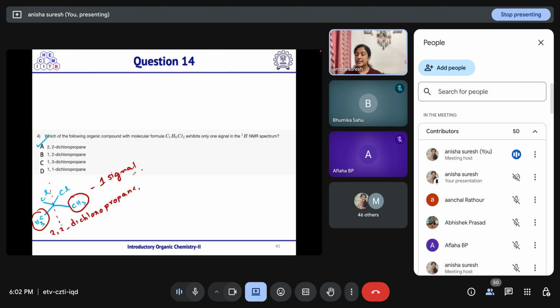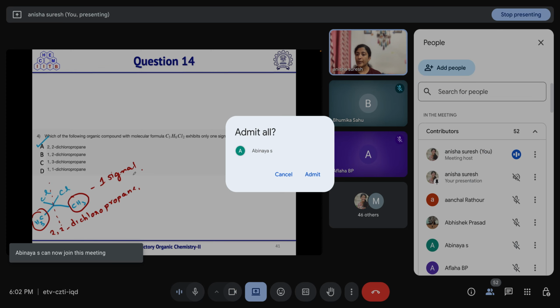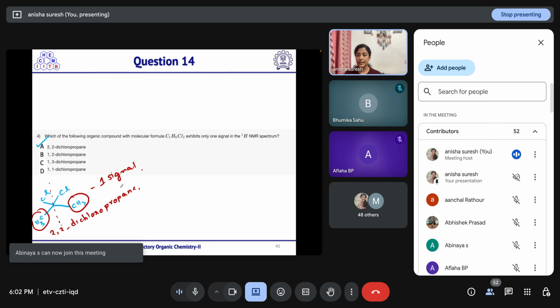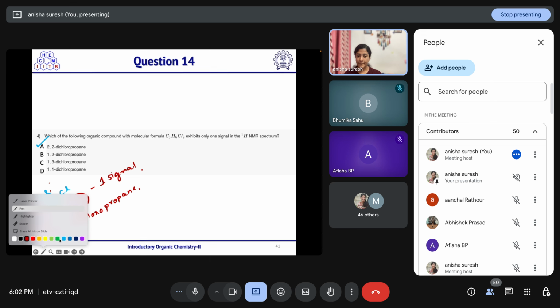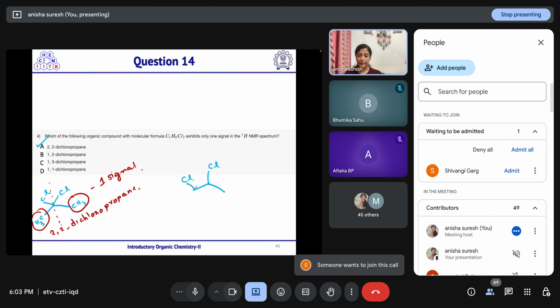And now when we consider the other cases like 1,2-dichloropropane, 1,3-dichloropropane, 1,1-dichloropropane, how many signals will be coming, that we can see. So 1,2-dichloropropane, Cl, Cl.